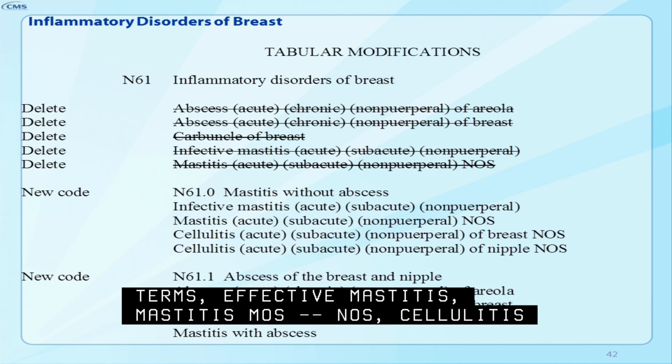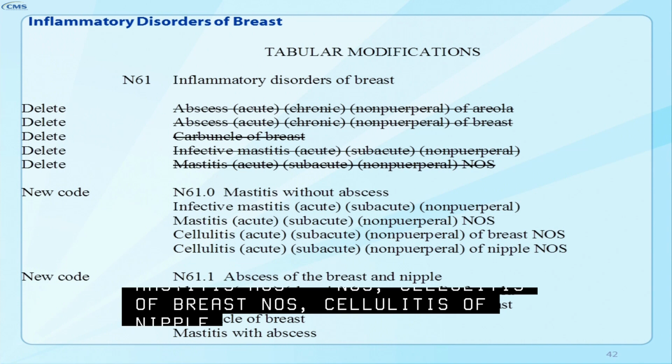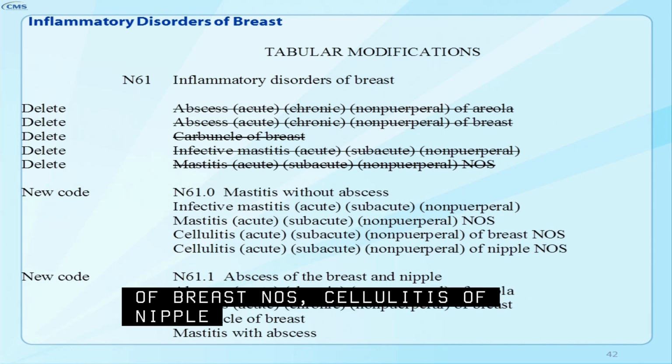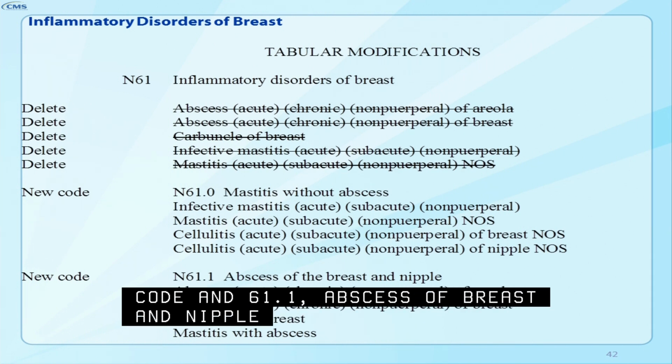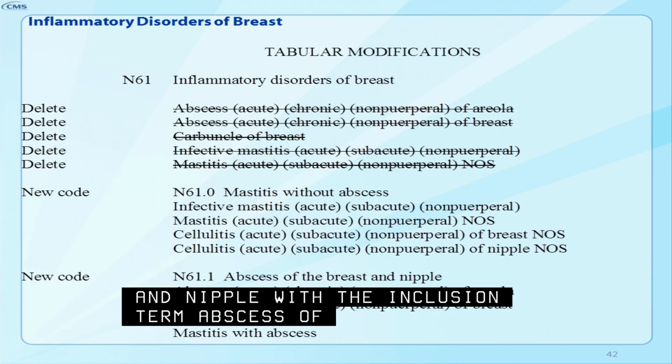And the second new code, N61.1, abscess of breast and nipple, with the inclusion terms: abscess of areola, abscess of breast, carbuncle of breast, mastitis with abscess.